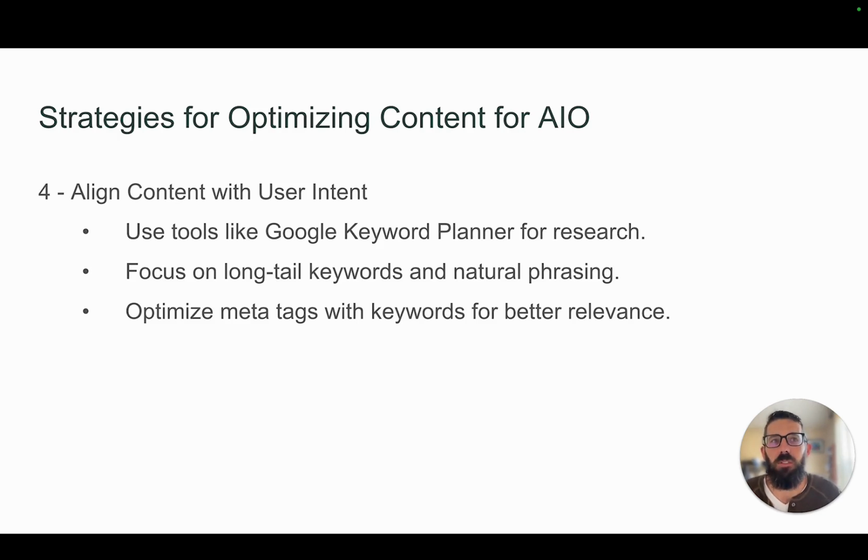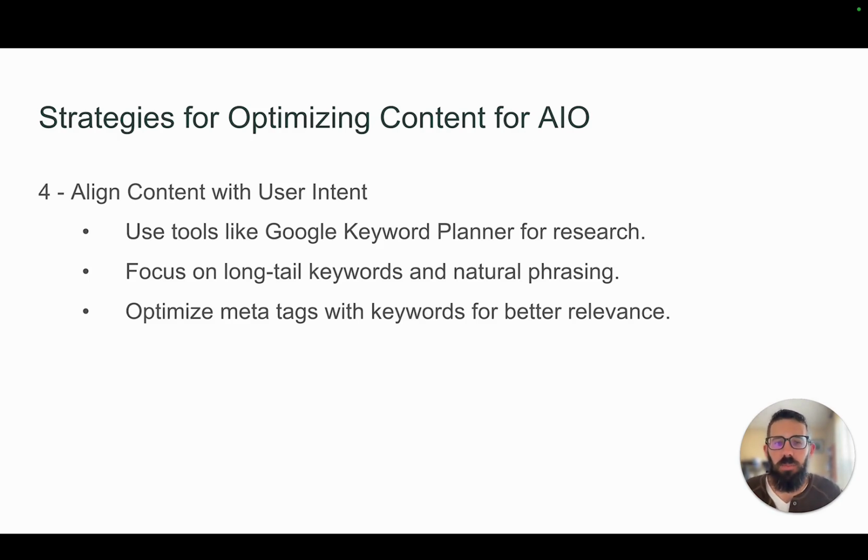If I'm searching in ChatGPT or interacting with an AI agent, I'm usually going to talk more conversationally: "Hey, what's the best restaurant for Italian food?" or "What's a good Italian restaurant near me?" So have the content on your site be more conversational. That's going to help with both voice and AI related SEO work.